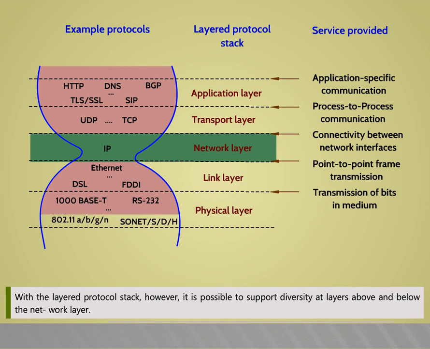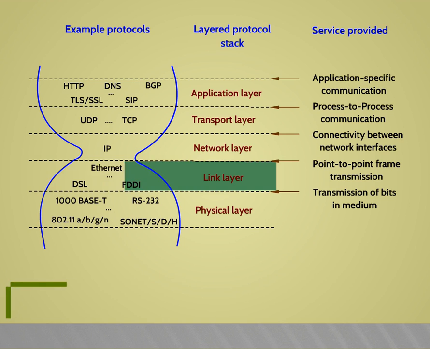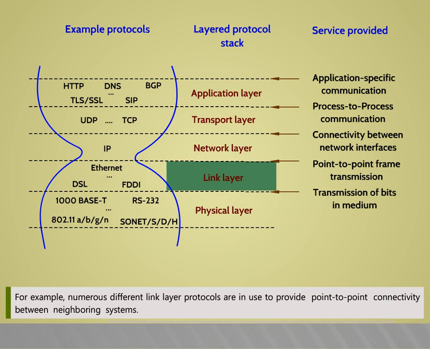With a layered protocol stack, however, it is possible to support diversity at layers above and below the network layer. For example, numerous different link layer protocols are in use to provide point-to-point connectivity between neighboring systems.